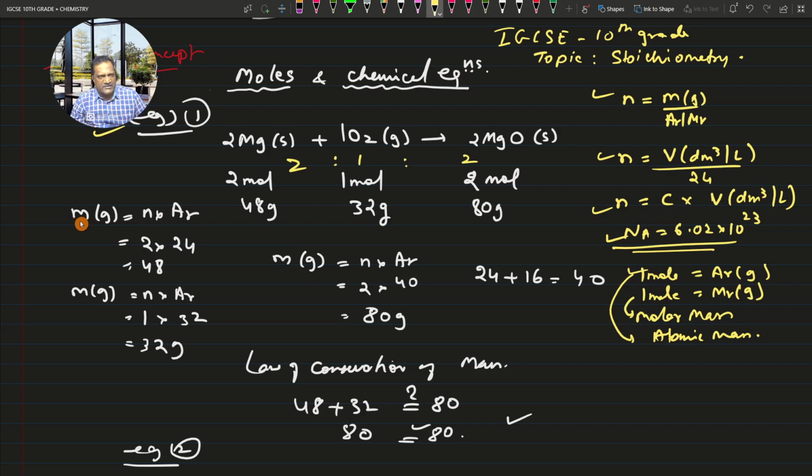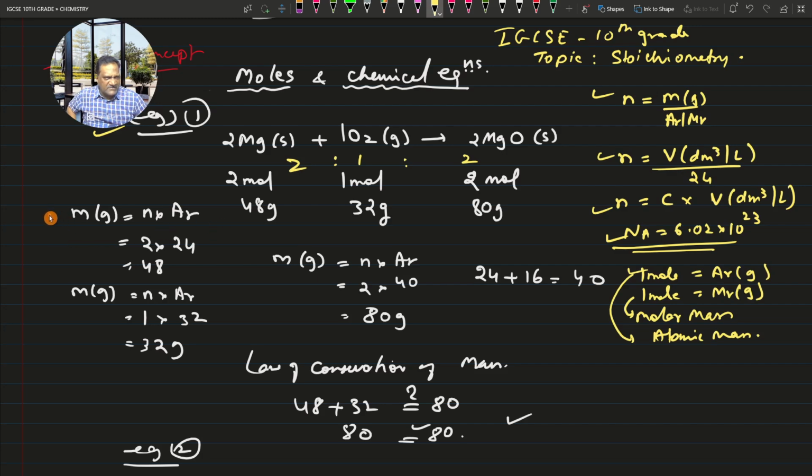So 1 mole of magnesium means how much? It will be 24 grams. The Ar of magnesium is 24, expressed in grams will be 24 grams. So this is the molar mass of magnesium. So the mass of 1 mole will be 24 grams, so the mass of 2 moles has to be 48 grams. So in the same column, I have written this 2 moles in terms of grams, so it has to be 48 grams.